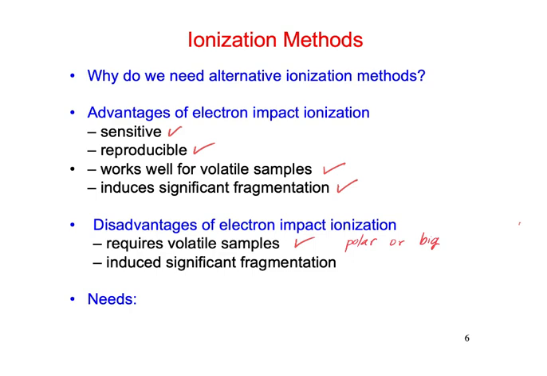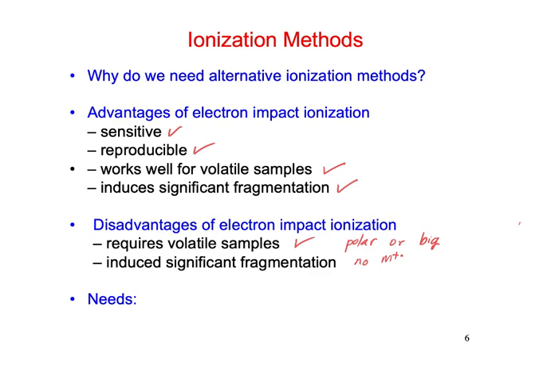If the mass gets too big, then it doesn't volatilize as easily. Another disadvantage is that it induces significant fragmentation, which means that sometimes we don't see a molecular ion. If we're not seeing a molecular ion, we may need to use a different technique to be able to observe that.